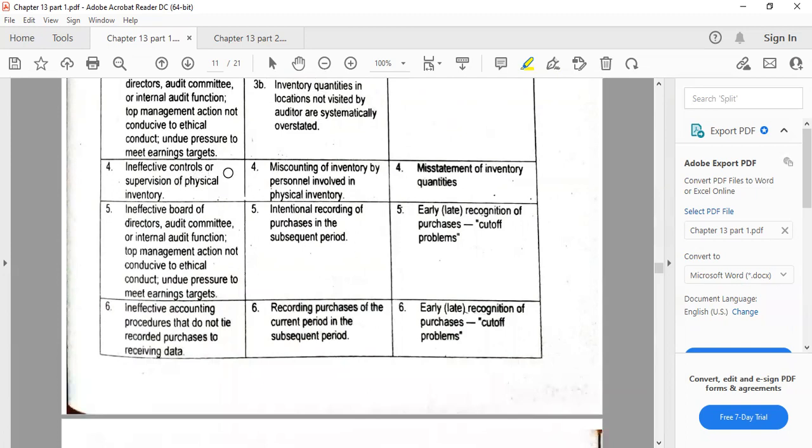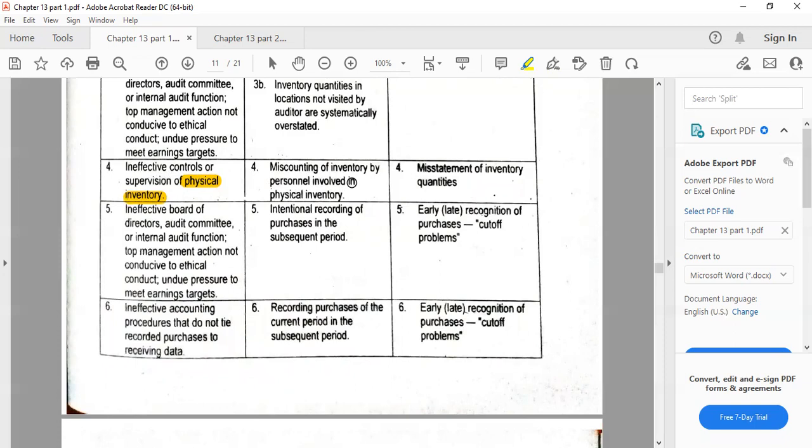And ineffective controls or supervision of physical inventory. When we have an ineffective control or supervision of physical inventory, there is a chance that there might be miscounting of inventory.